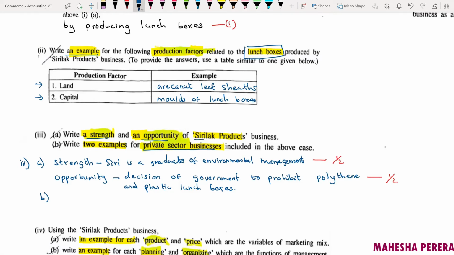Now, this Cyrillac products is a private sector business and it is a partnership. Partnerships are private sector businesses. So you can easily write number 1, first, private sector business is Cyrillac products. If you want, you may write business also.